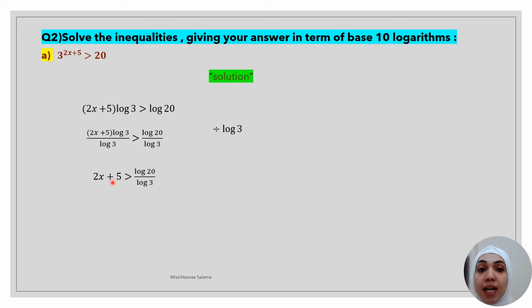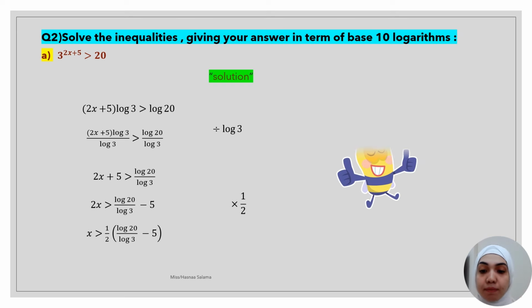After that, I will move the positive 5 to the other side to make it negative. It will be negative 5 on the other side. After that, I can divide by 2 or multiply by half. It's the same way. That's it.